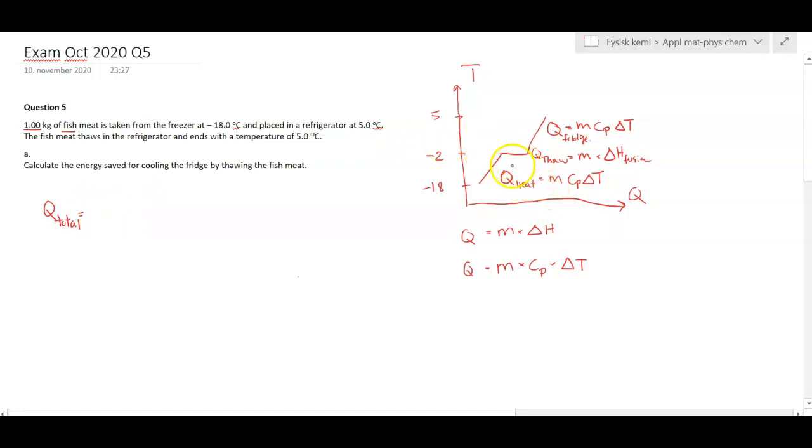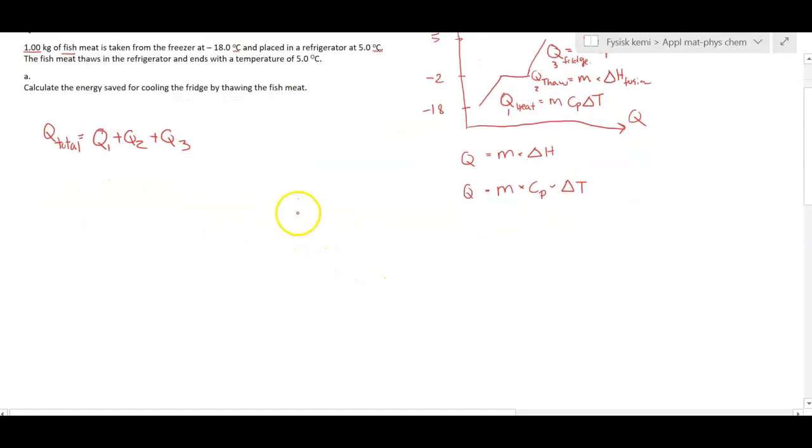So if this was 1, this was 2, this was 3, then Q total is Q1 plus Q2 plus Q3. Okay, so Q1, that was heating from minus 18 up till minus 2, or defrosting or whatever. It's probably not an accurate word, but that's what we call it now.